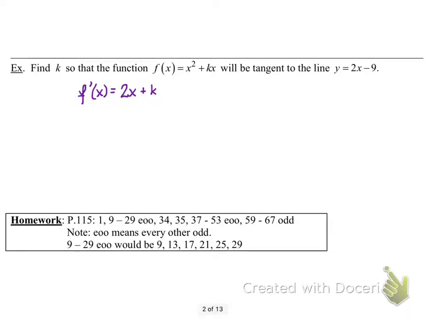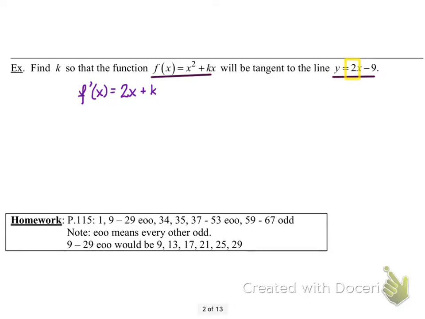And we know that this is the slope of this function. We also know that we are looking for this tangent line. So we need the point at which both slopes, 2x plus k, and the other slope, which is 2, the slope of this line is 2, are the same.